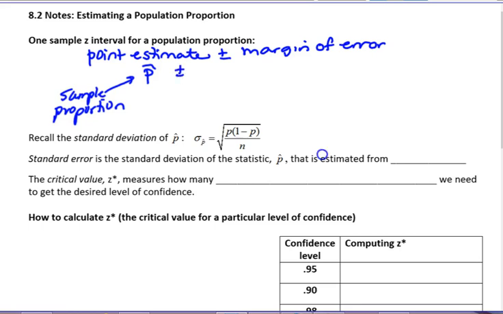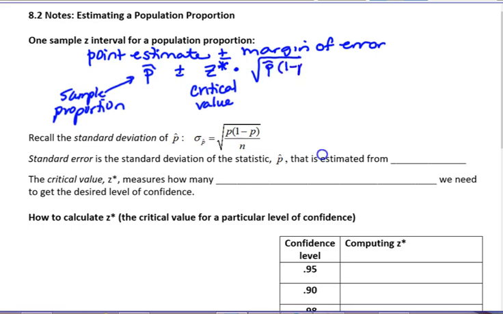Then plus or minus, the z critical value is the number of standard deviations I need to add to get the appropriate level of confidence that I desire.